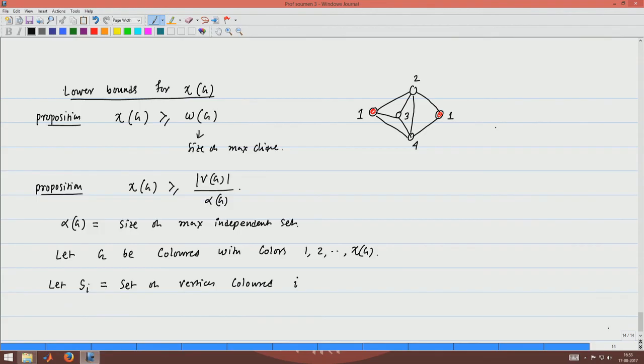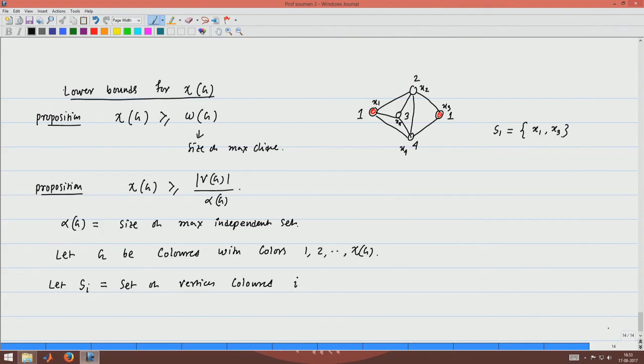Here you can see that S1, the set of vertices which are colored 1, is these two vertices, say this is x1, x2, x3, x4 and x5. So, S1 consists of x1 and x3, and you can see that these two form an independent set.